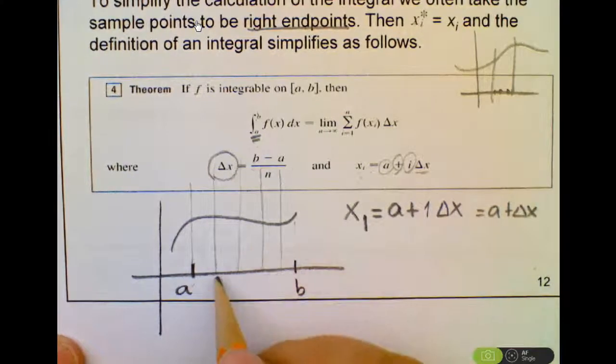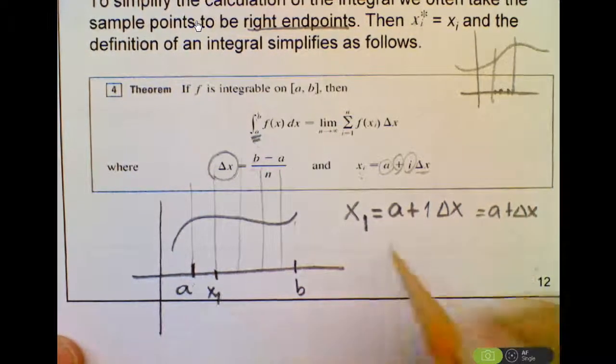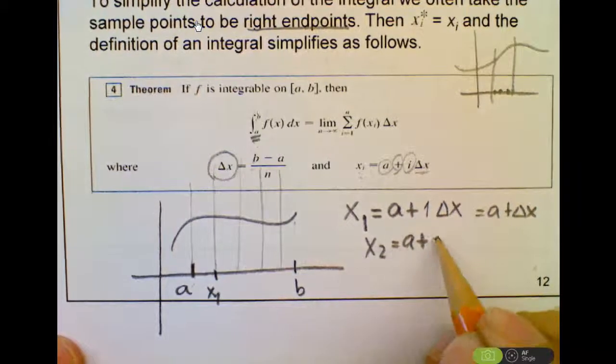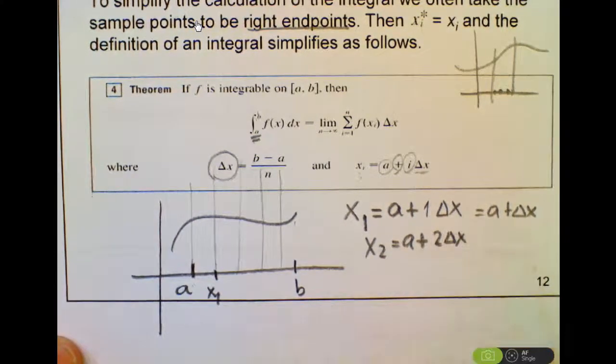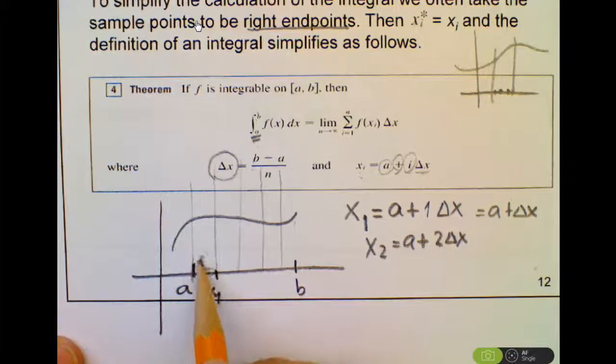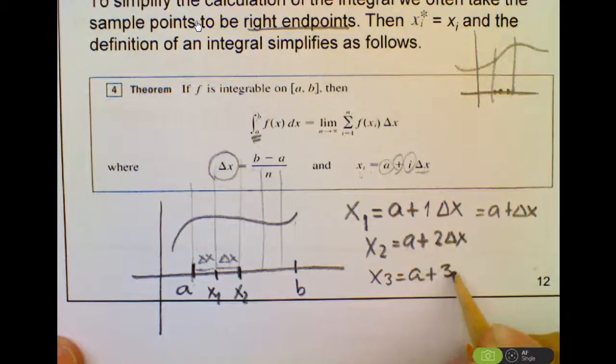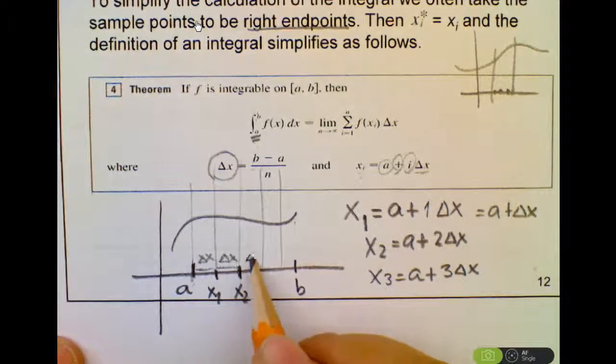And so this is x sub 1. x sub 2 will be a plus 2 delta x's. So this is a, this is 1 delta x. If I'm adding another one, I will be at x sub 2. x sub 3 is a plus 3 delta x. And if I'm adding another delta x, I will be finding my x sub 3.